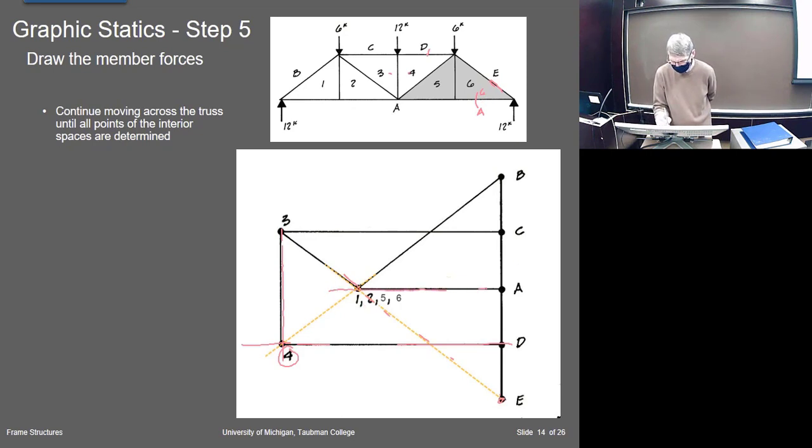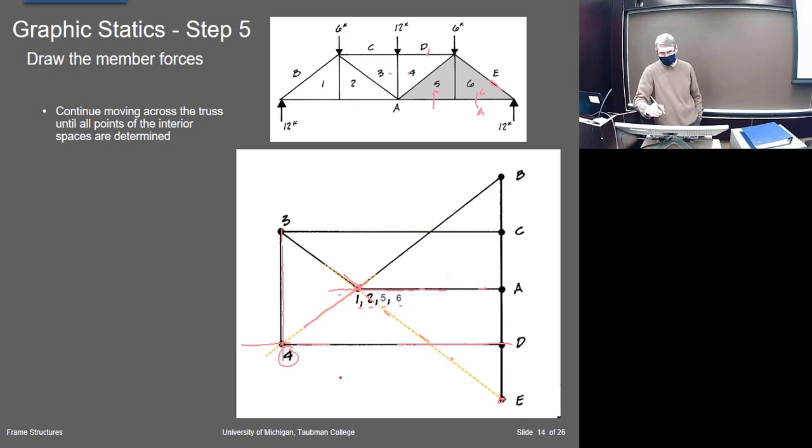So 6 again is another 6, and 5 also will be from A and cross 4, 4, 5. So that line, 4, 5. So all these 1, 2, 5, and 6 are all coincident points. And I end up then with this diagram.